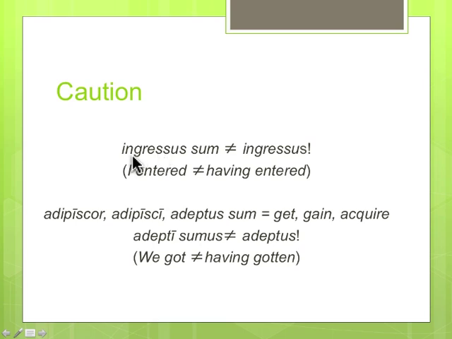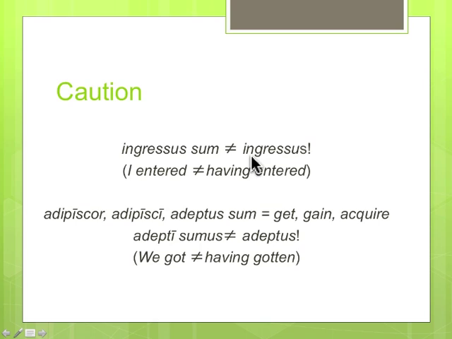In order for this word ingressus to render a full verb like "I entered," it has to have the verb sum with it in some way. Ingressus on its own cannot mean "I entered." Ingressus can only mean "having entered." So watch out. Keep track of whether the word ingressus or other participles from deponent verbs have a form of the verb to be with them or not.